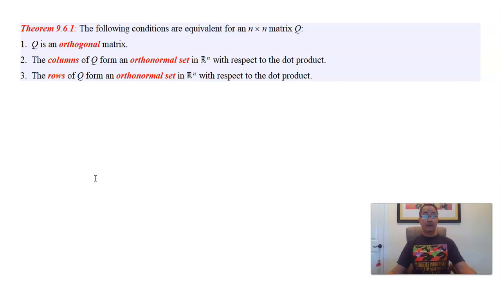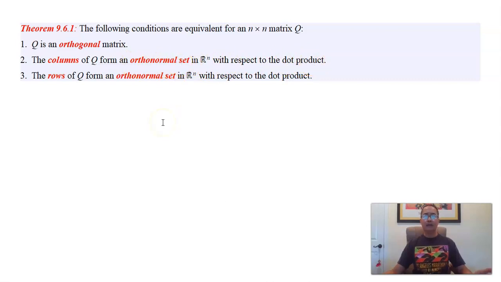All right, so we can actually generalize these observations. The following conditions are equivalent for an n by n matrix Q. Q is an orthogonal matrix, meaning Q times Q transpose is the identity. And the columns of Q must form an orthonormal set in Rn with respect to the dot product.